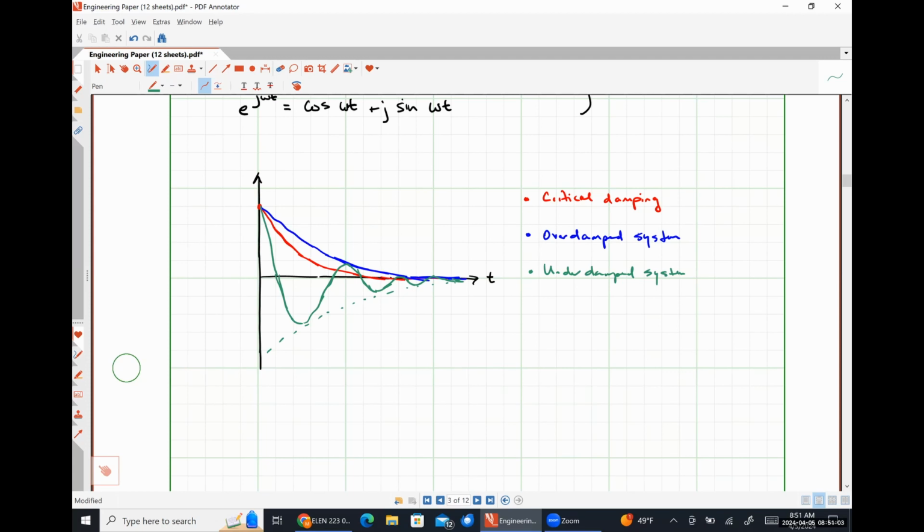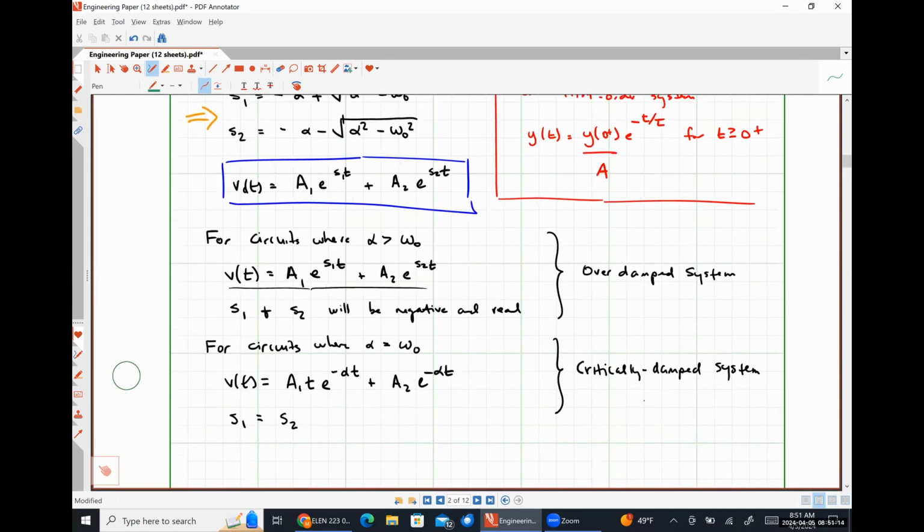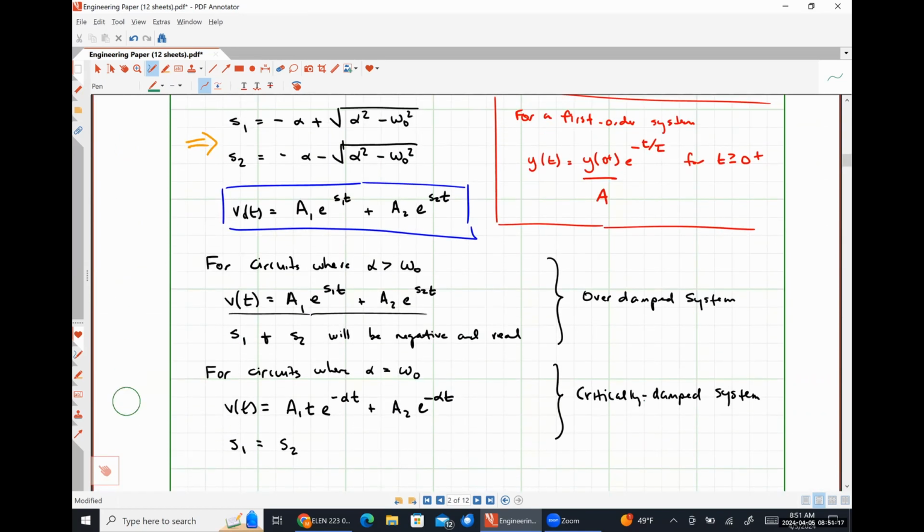Whereas if omega naught is much, much greater than alpha, you're going to see lots and lots of ringing. Similarly, looking at our overdamped system, if S1 and S2 are very close to each other numerically, it's going to look a lot like a critically damped system. But if S2 is much more negative than S1, it's going to take a very long time for it to settle. Okay, so they're all related to each other, and it's all related to how long it takes things to settle to a final value. Okay.